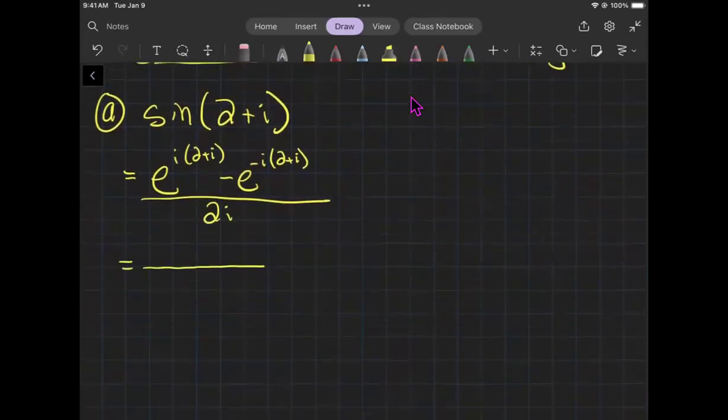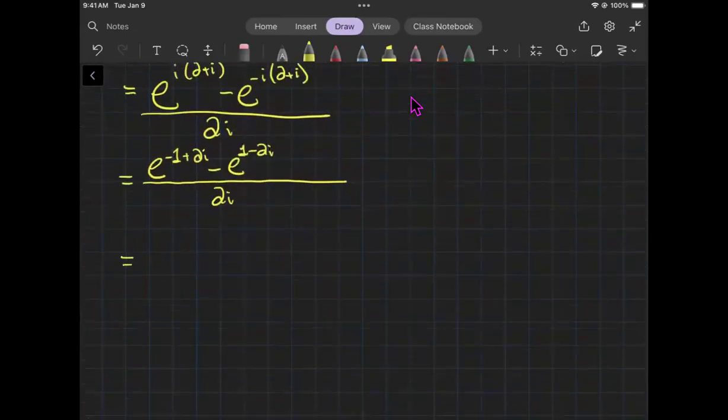So this equals e to the minus 1 plus 2I, minus e to the 1 minus 2I, over 2I. And so this equals e to the minus 1 times e to the 2I minus e to the first power times e to the minus 2I, over 2 times I.